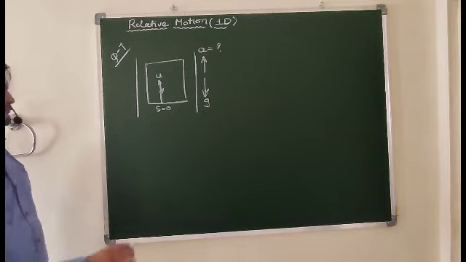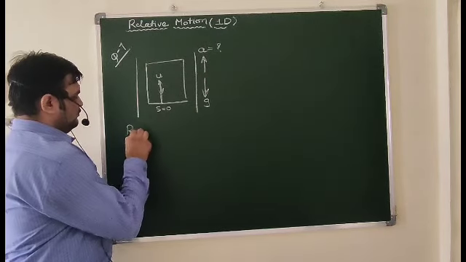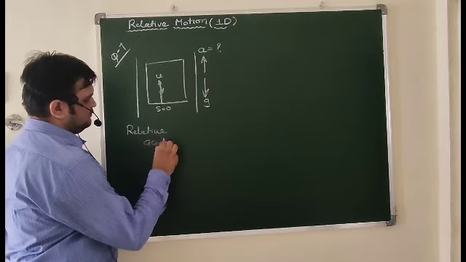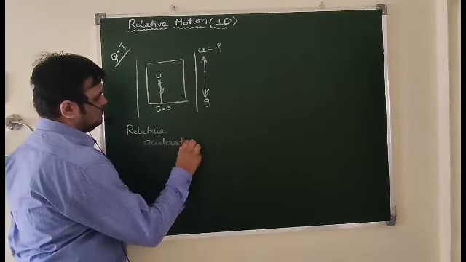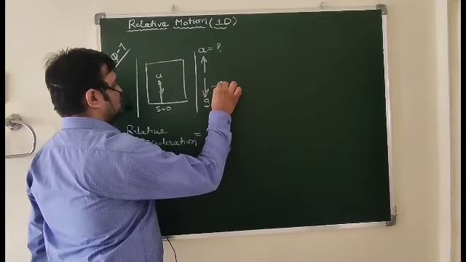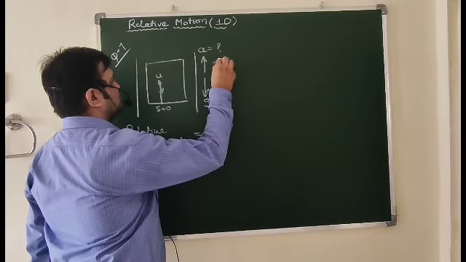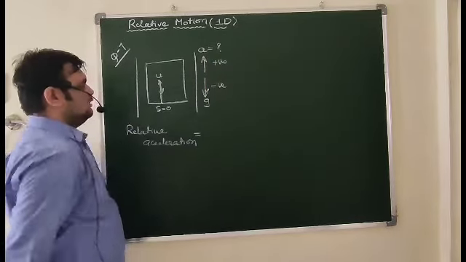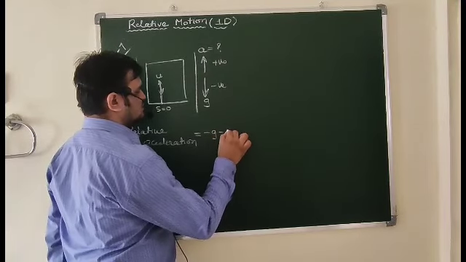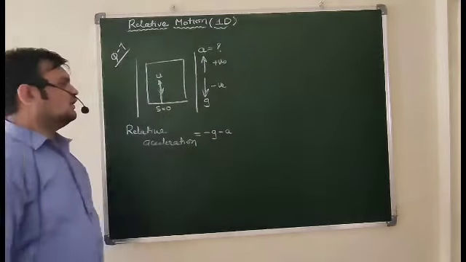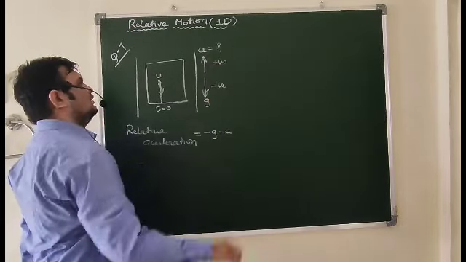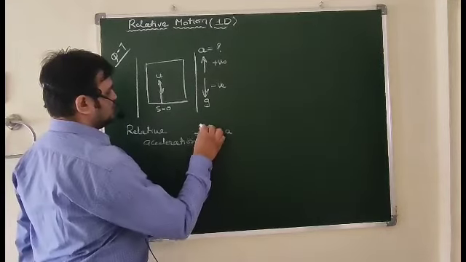So here the relative acceleration: G is in the negative direction and A is in the positive direction.